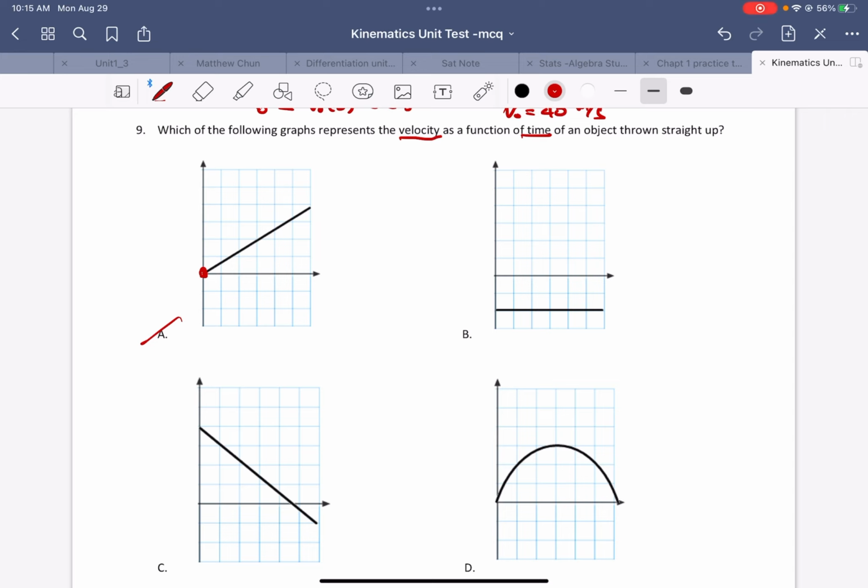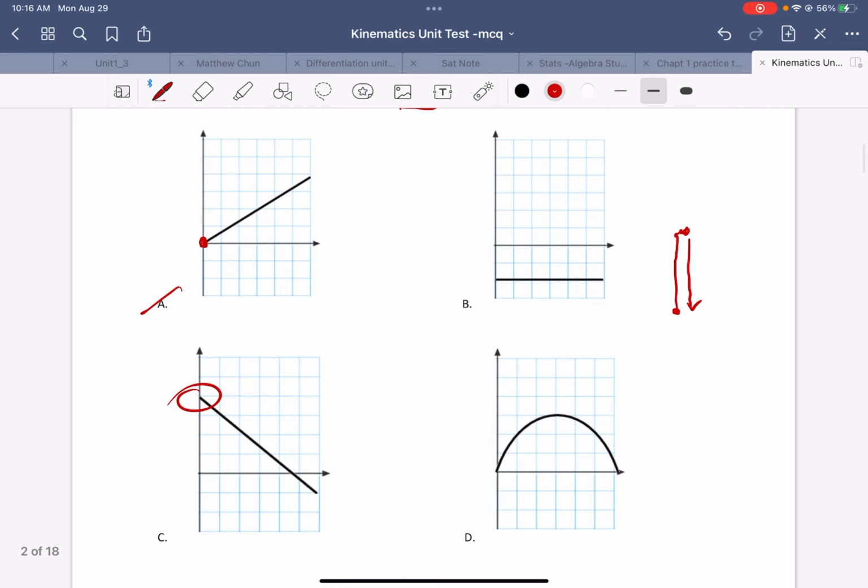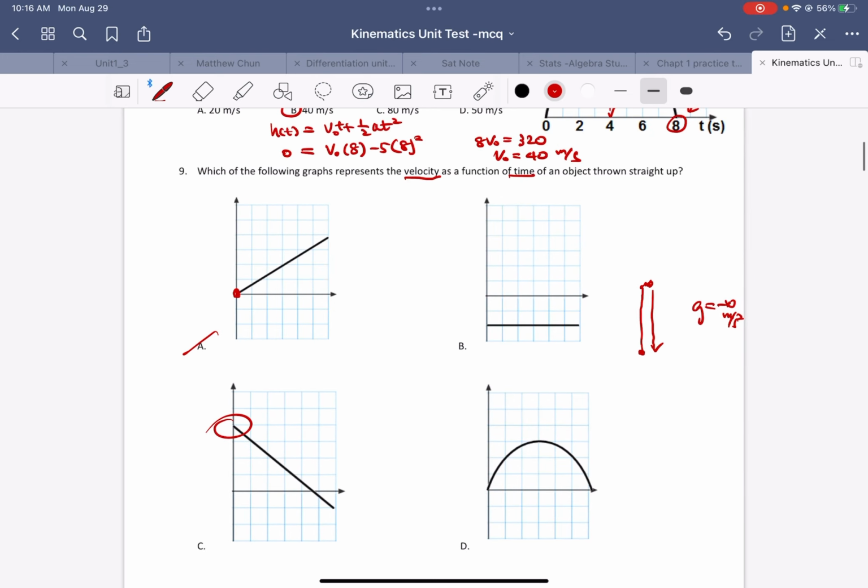So imagine you throw something up and then it'll stop and then it comes back down, right? So initially some positive value, so this is correct. And that makes sense because the only acceleration is gravity, which is negative 10 meters per second squared. So your slope keeps going down, right?